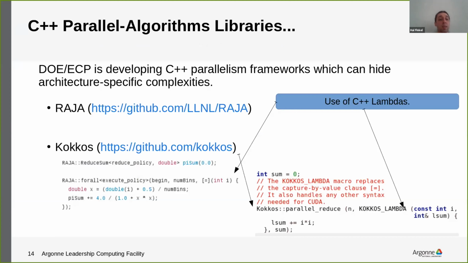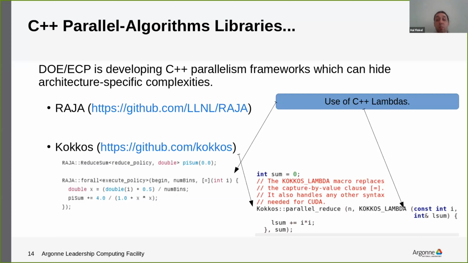The other thing that I really need to mention, it's a very important part of this space, are the parallel programming frameworks that are being developed. Here I'm highlighting two of them that are developed by the U.S. Department of Energy. One of them is called RAJA, developed at Lawrence Livermore National Laboratory, and one of them is Kokkos, which is developed across the DOE, although primarily at Sandia National Labs. And you can see here that they both provide sort of wrappers around parallel loops. They also provide many other features as well.